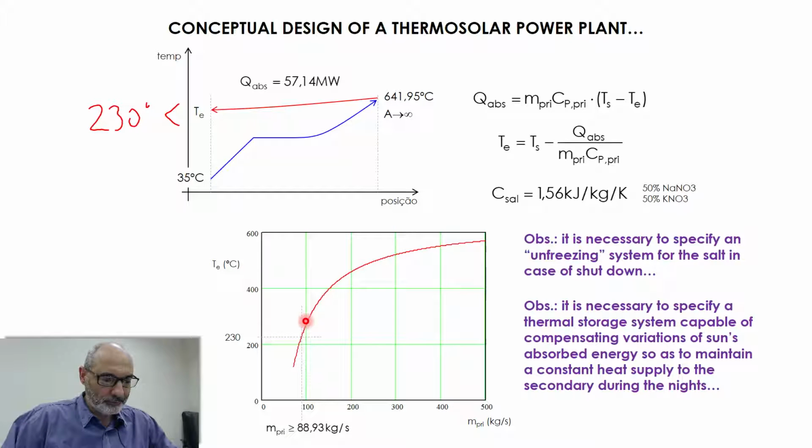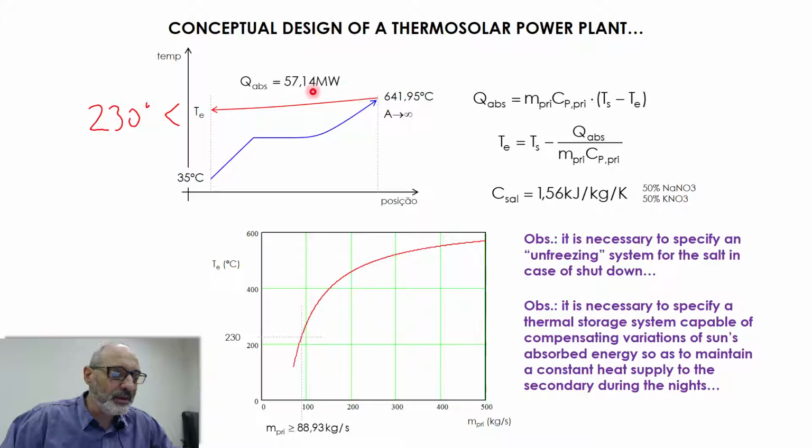I don't know if you observed this, but why am I calculating this number? Because the flow rate needs to be high enough for the temperature to be greater than 230. But I don't want it too high, 500 kilograms per second or 1,000 kilograms per second.